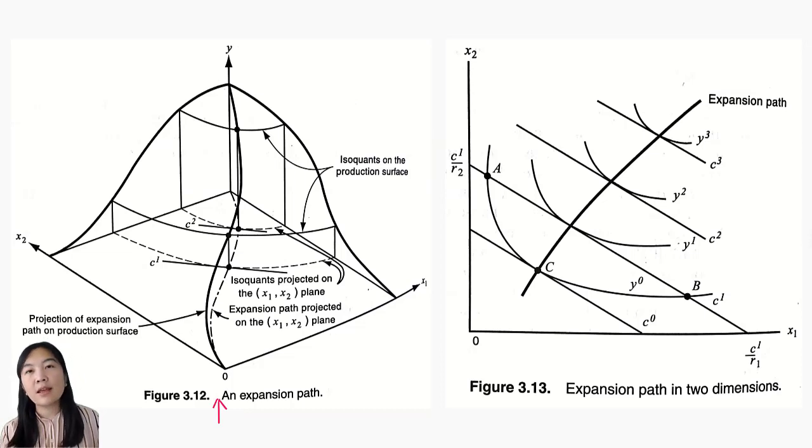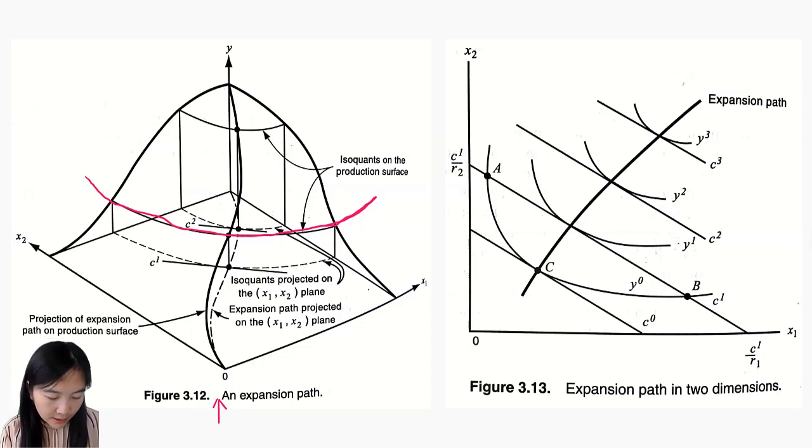Since the production function is a function of 2 input variables, as we explained before, we will have the production surface. So we need a 3D graph to represent that production surface. On the production surface, for example, if you prefix an output level, that curve on the production surface means it has the same level of output.